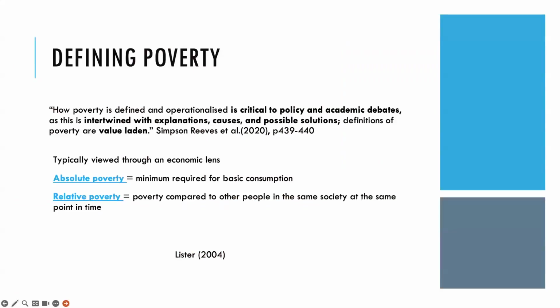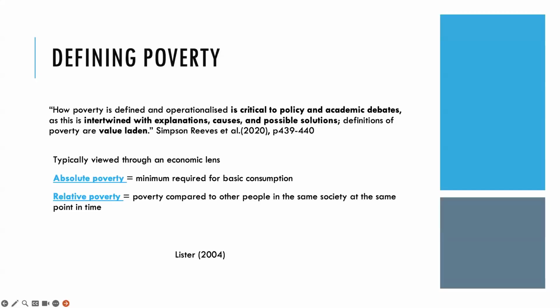There is this quote from Laura Simpson Reeves that how poverty is defined and operationalized is critical to policy and academic debates, as this is intertwined with explanations, causes, and possible solutions. Definitions of poverty are again value laden.